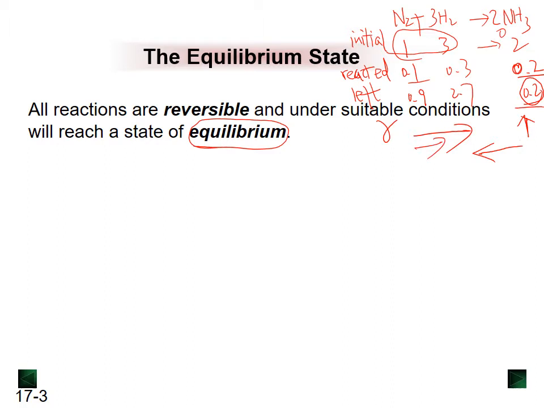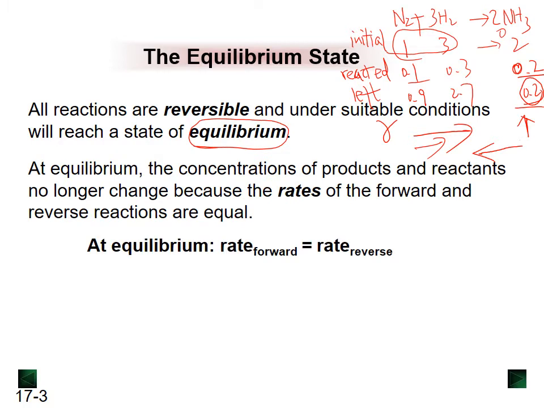Eventually, these two reaction rates become equal. So the forward rate equals the reverse rate at a certain point. You have a certain amount of reactants, a certain amount of product, and they have equal reaction rates. This is when the reaction reaches equilibrium, because if they have the same reaction rate, the concentration should not change anymore.